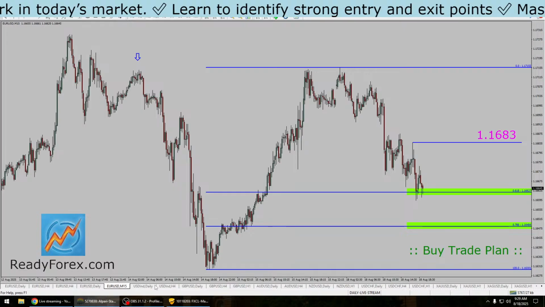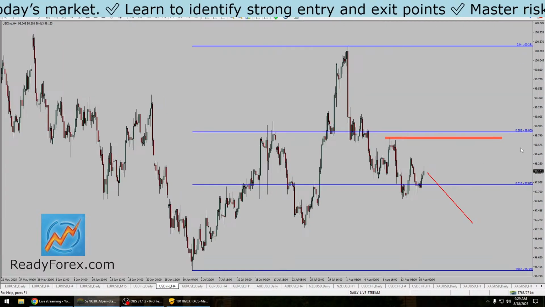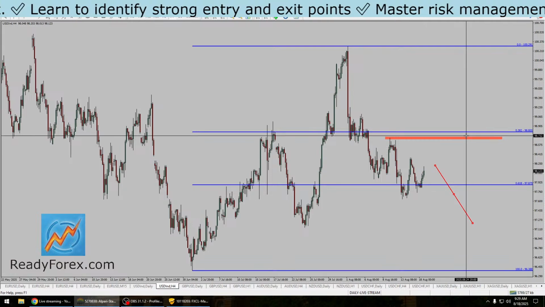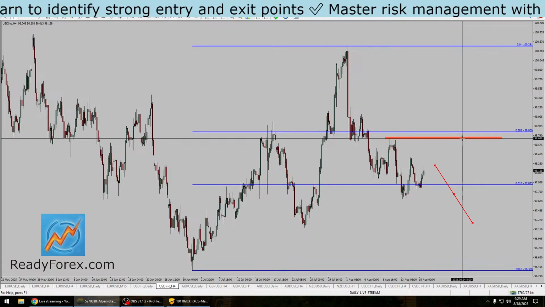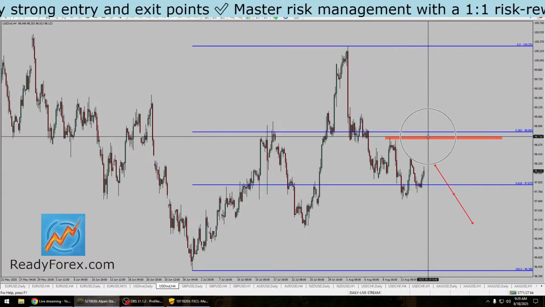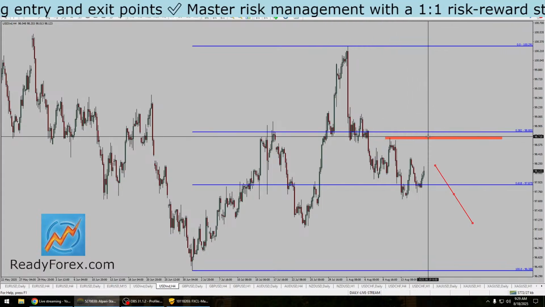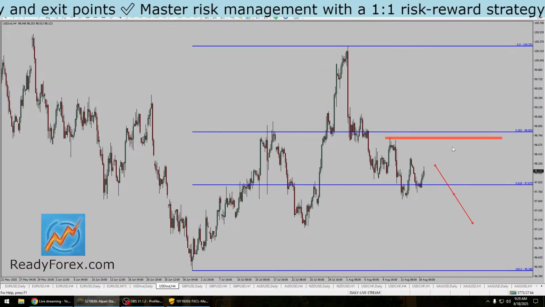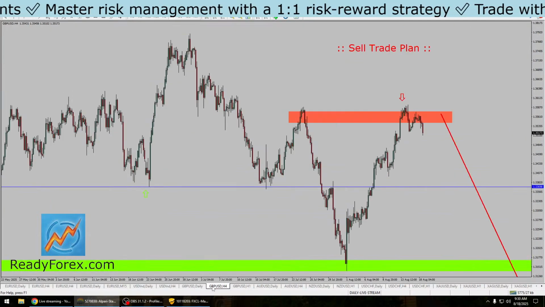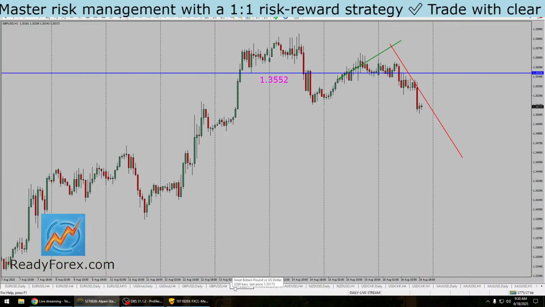So euro is probably going to drop and the DX could rise up, but the DX is only going to show us a sizable bullish move if we get a bullish breakout above this red color highlighted area. I see DX is probably going to drop more.